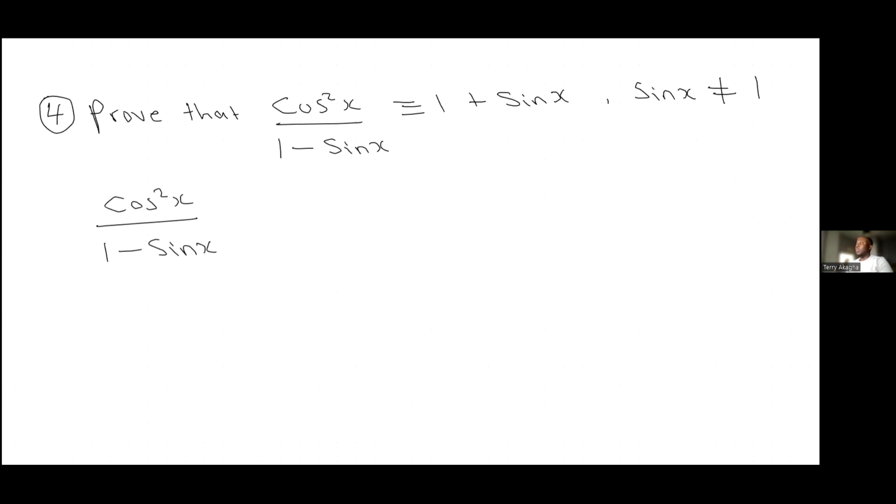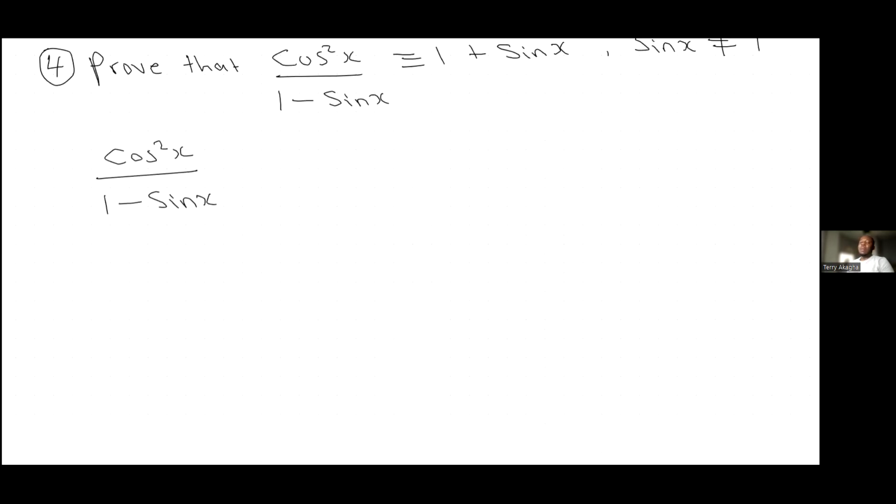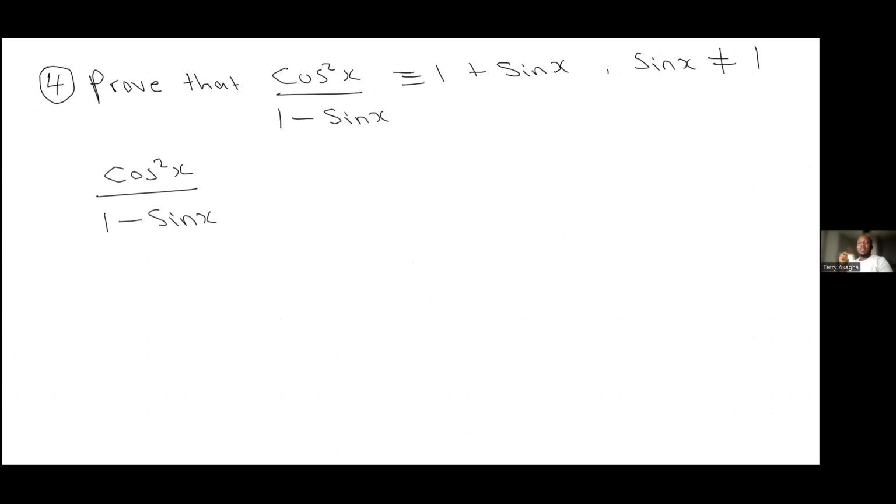This is very easy, so don't feel as if it's hard. Remember, I always tell you that you can always break things down. If we remind ourselves, I told you before that cos squared x plus sine squared x is equal to 1.